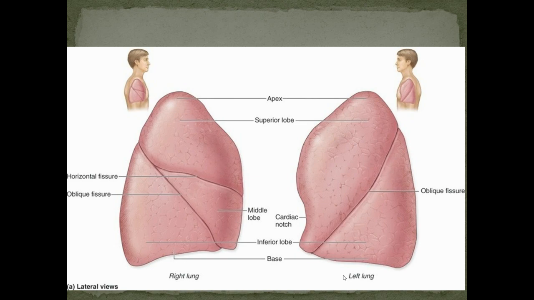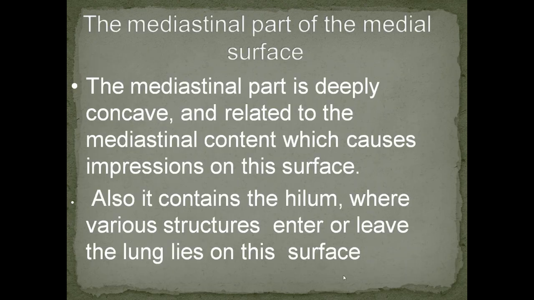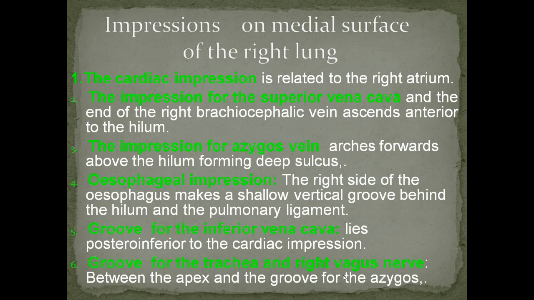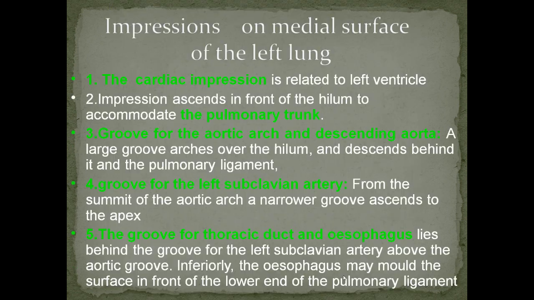And we have studied the mediastinal part of the medial surface, where we studied what kind of impressions are on the right and left lung on their mediastinal surface, because the mediastinum has many structures that also present impressions on the mediastinal surface of the right and left lung.